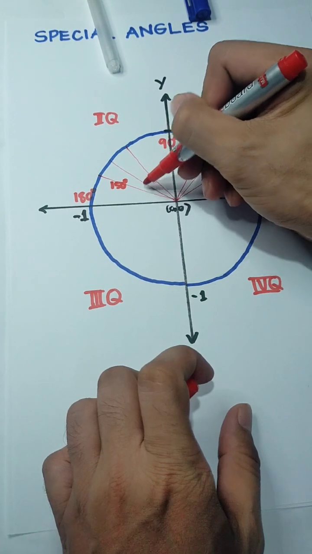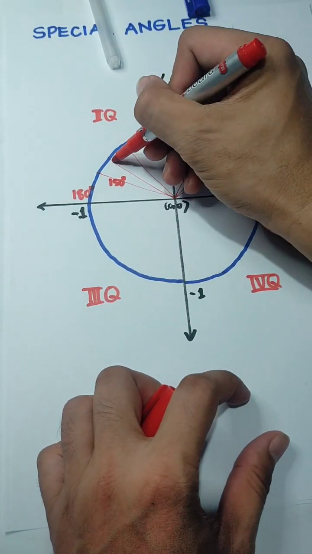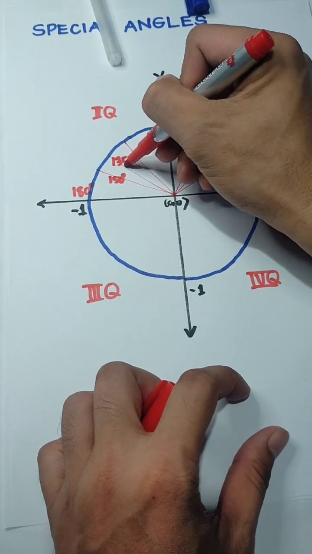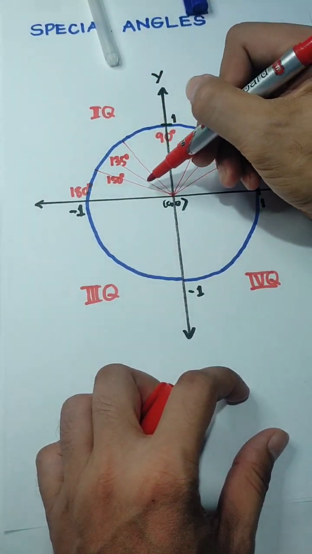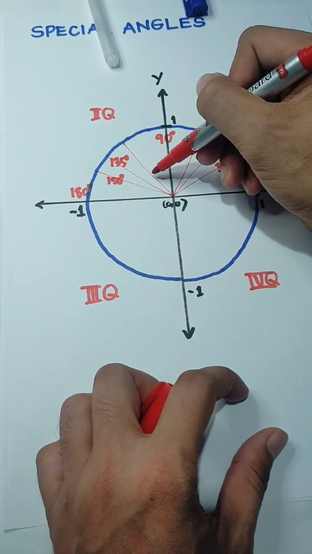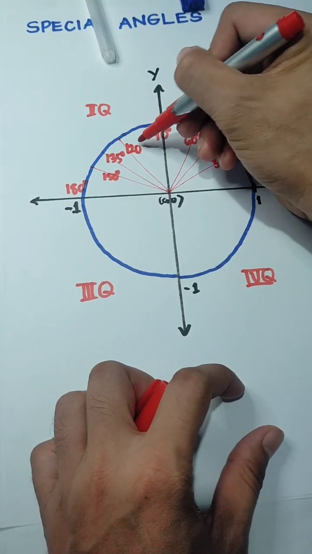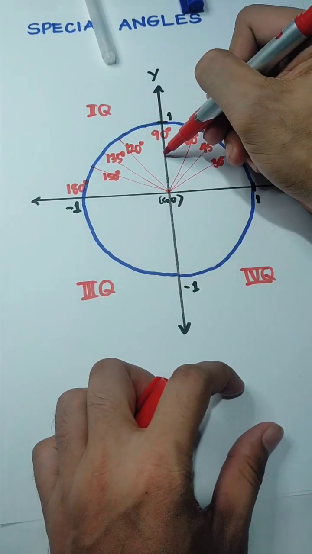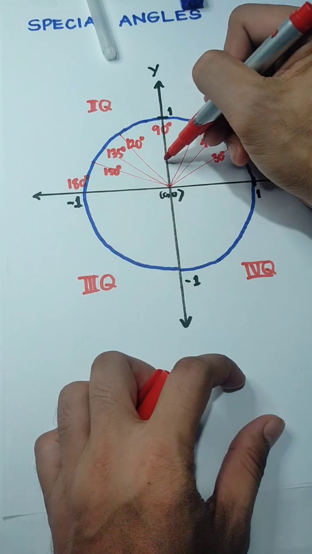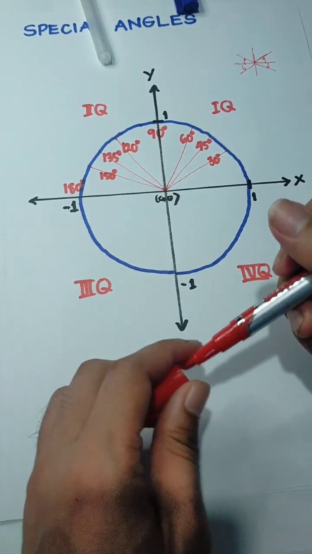And since this is 45 degrees, so 180 minus 45 degrees, that's 135 degrees. And for the 60 degree here, that's 180 minus 60 degrees, that gives us 120 degrees. You can also do it in this direction, since we know this is 30 degrees. So 90 plus 30 degrees, that gives us 120 degrees.